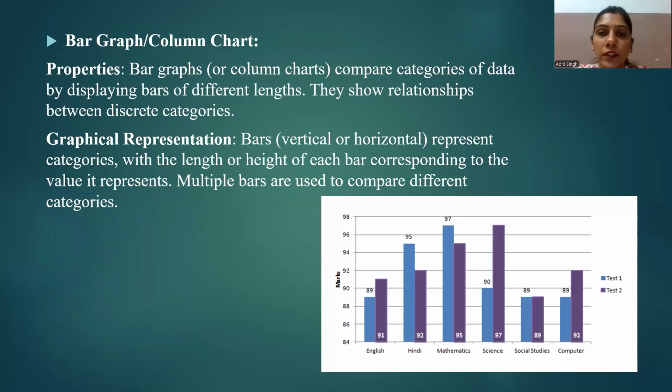Let us understand that first. A bar diagram is the simplest technique used to comprise a large set of data. A bar graph is a graphical presentation of the data in the form of rectangular bars, as you can see in this picture on your screen, or columns of equal width.